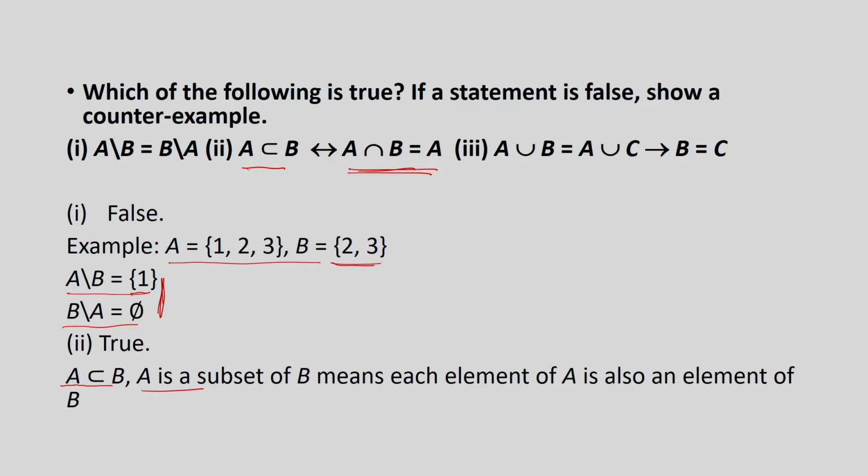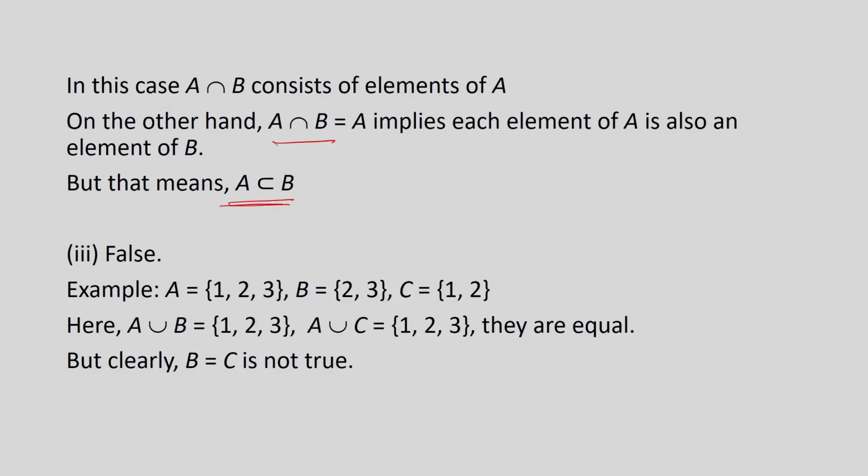The third, what is this third saying? A union B is equal to A union C implies B is equal to C. And our answer to this is that it is a false statement. And if it is a false statement as per our claim, then we have to give an example, and here is the example.